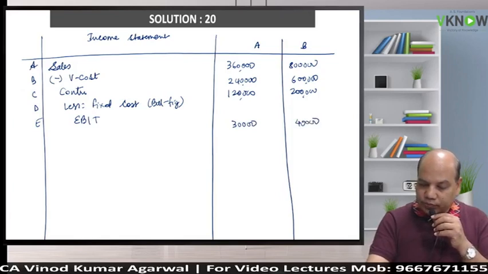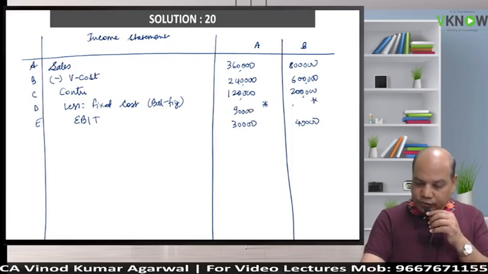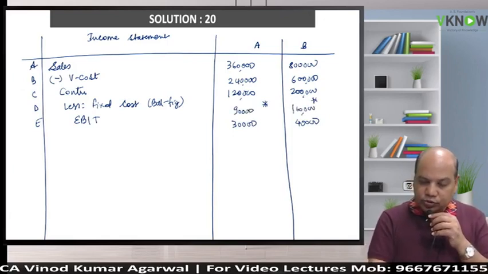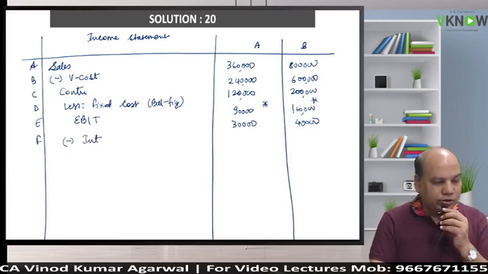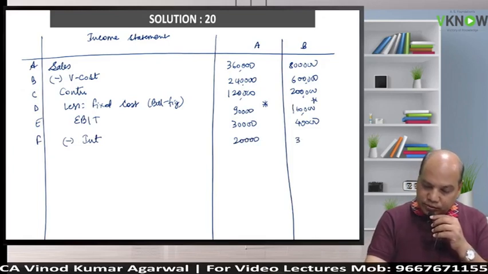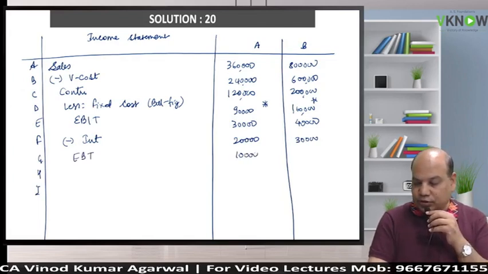So tell me, fixed cost balancing figure is how much? 90,000 and 1,60,000. So what is point number F? You will write less interest, which is given, 20,000. Very good. Point number next, EBT 10,000.